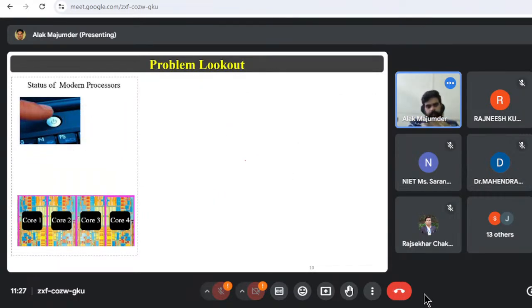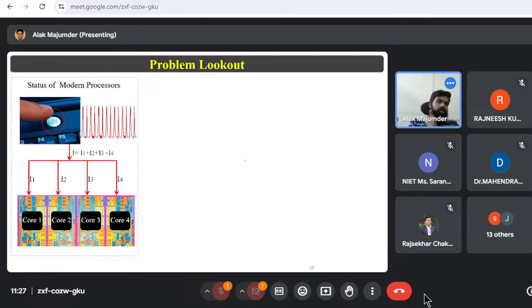So now I was trying to emulate the behavior with a modern processor. What are you doing currently? When you click the button to turn your device on, this is how current starts flowing in all your cores. Exactly the same thing happens in your mobile also.